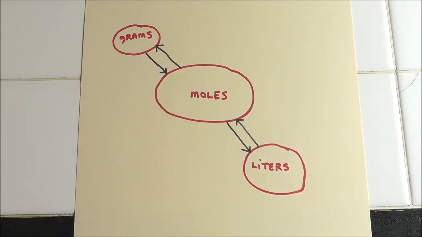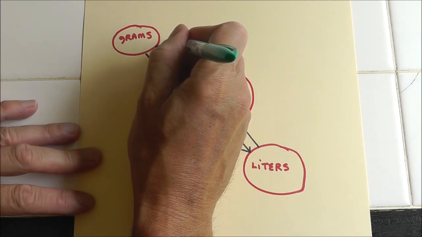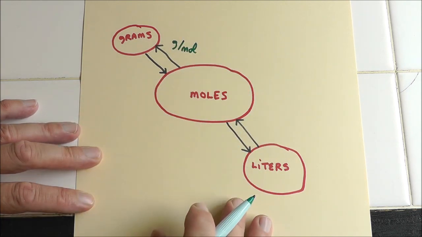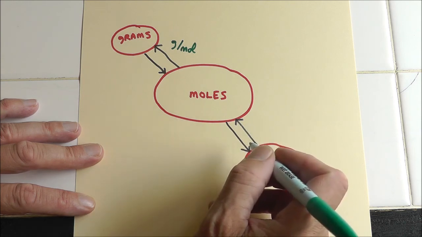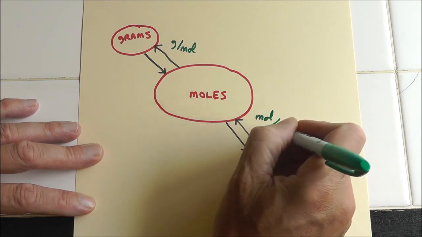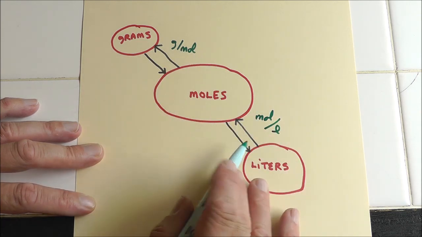And the way we get back and forth, as you know, you need to go to the periodic table to find out how many grams per mole something is. And what we need here to go from moles to liters is we need to know the molarity. So this comes from the periodic table, as we've done a gazillion times.